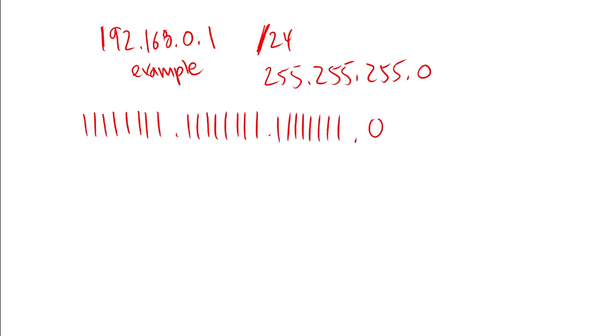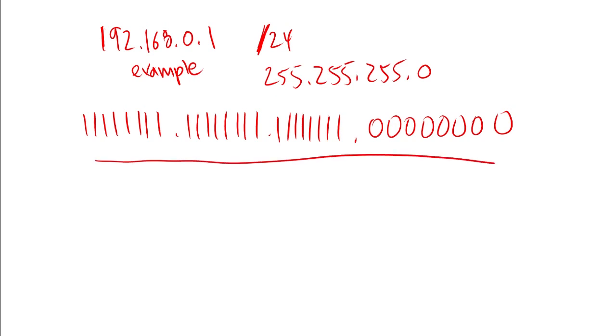a string of ones, 1, 2, 3, 4. So how did I get all these numbers, and what do they mean? In the longest form, a subnet mask is 32 digits long, and they're ones and zeros.